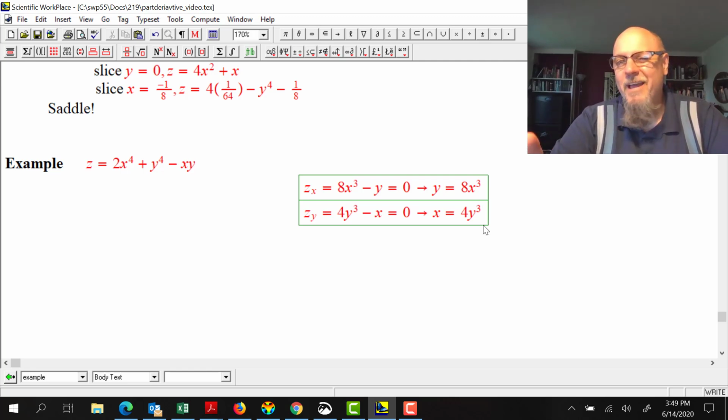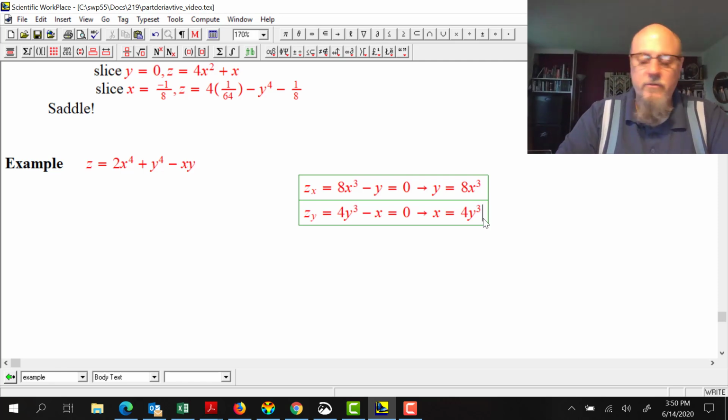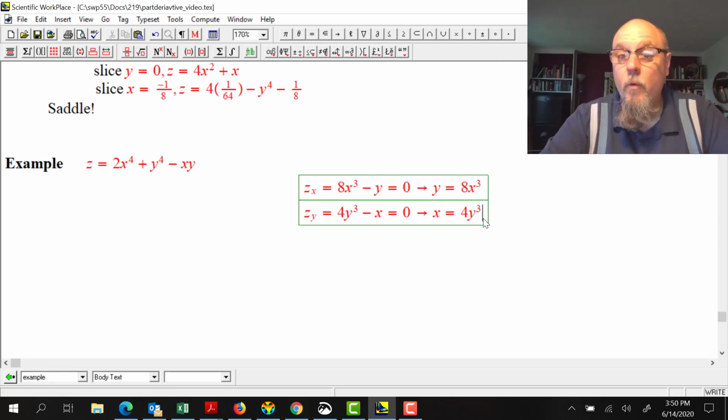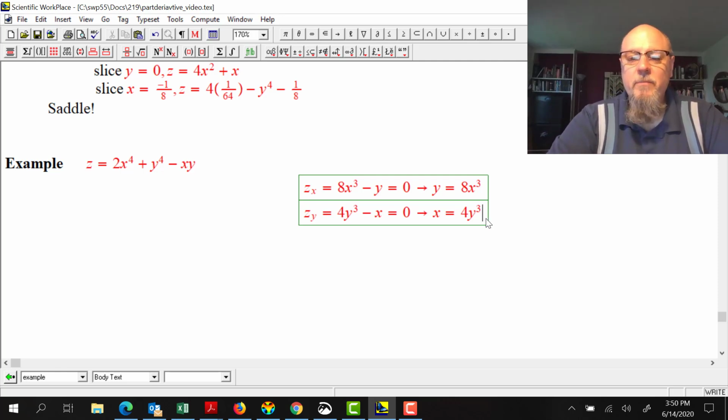They're not linear, so I can't do anything fancy like elimination. I think what I need to do is sub y equals into here, get an expression with x equals 4 times this thing cubed, and then just solve for x. So I'm going to solve it with substitution, but before I do that, I want to see something by inspection.